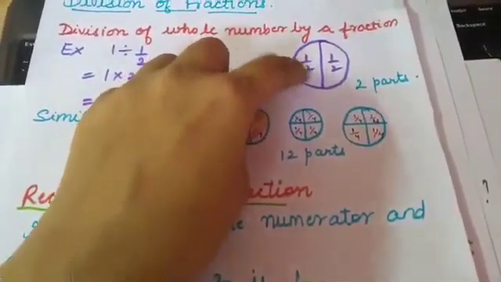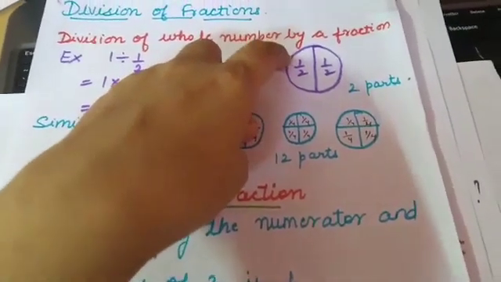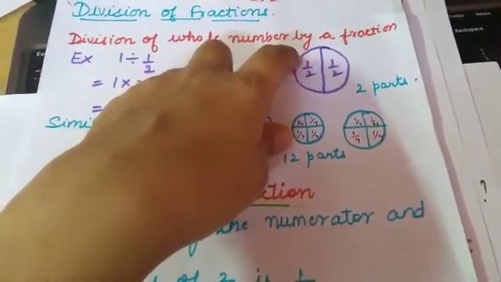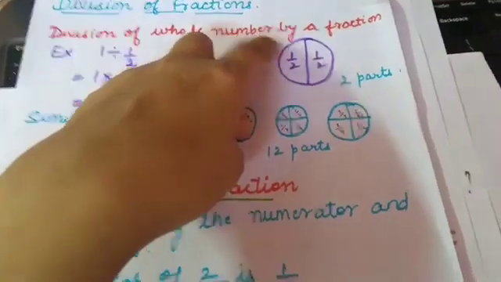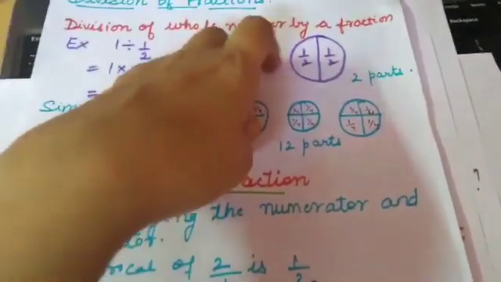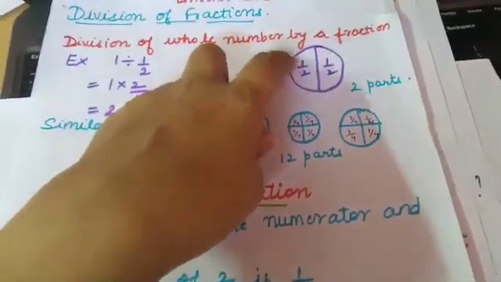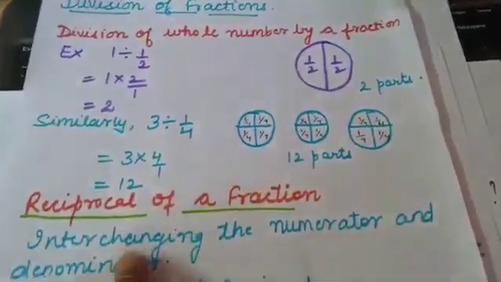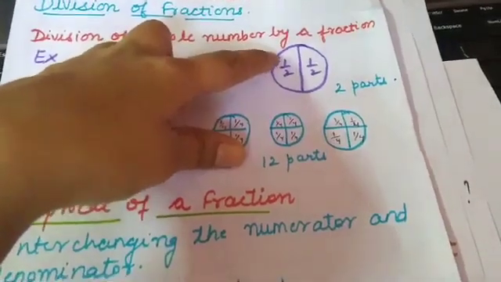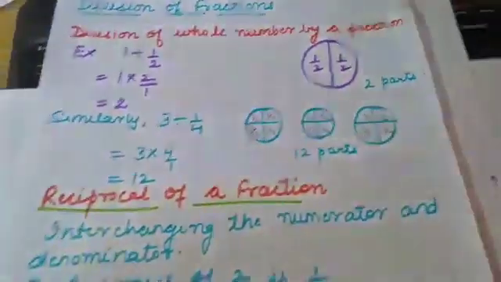This 2 is the total parts and this 1 is the number of parts I am having. So the numerator is the number of parts I am having and the denominator is the total parts into which the whole is divided. So here we have numerator as 1 and denominator as 2.